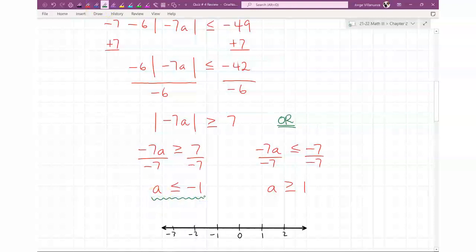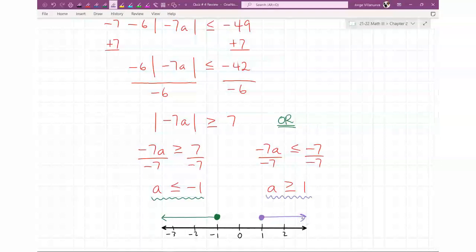So a less than or equal to -1, that's a solid circle. And it's going to the left side, so I'm going to go left. And then this one here, a greater than or equal to 1. Well, greater than or equal to is also a solid circle. And it's going to the right side. And there's my answer.